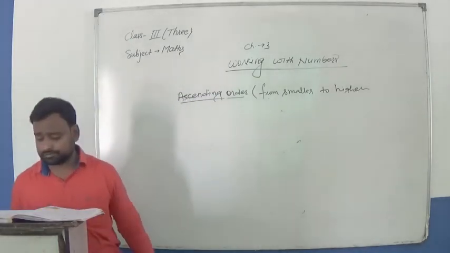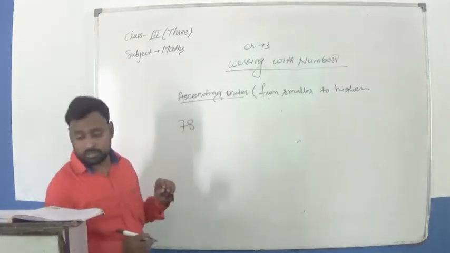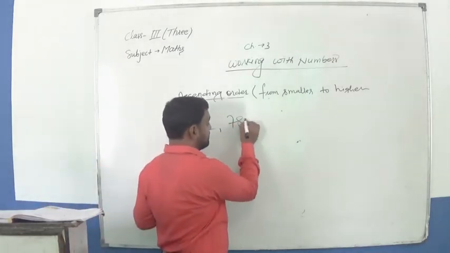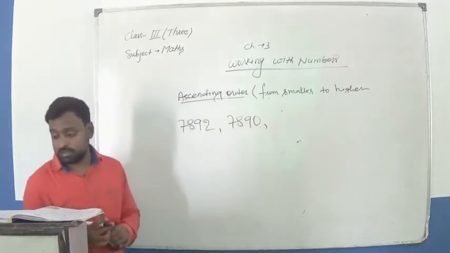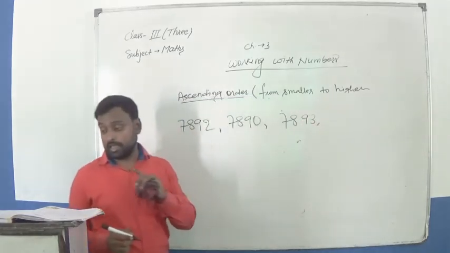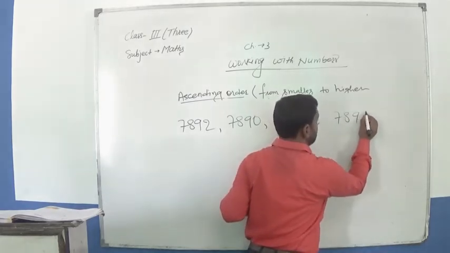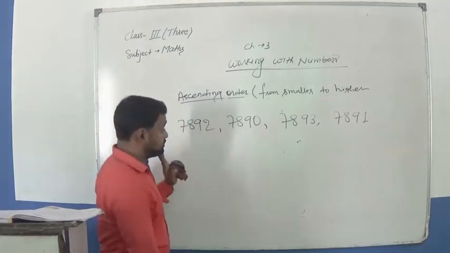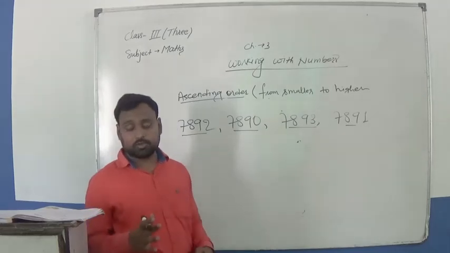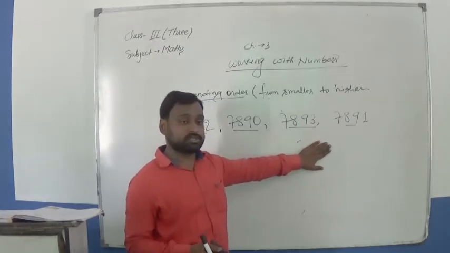I have the numbers 7892, 7890, 7893 and 7891. See, 4 digits, 4 digits, 4 digits, 4 digits. The first rule can't be applied here because all numbers have 4 digits.